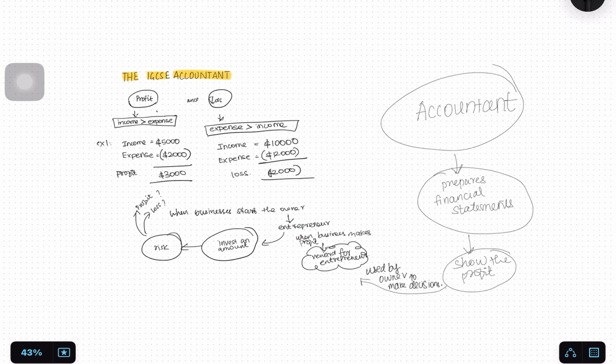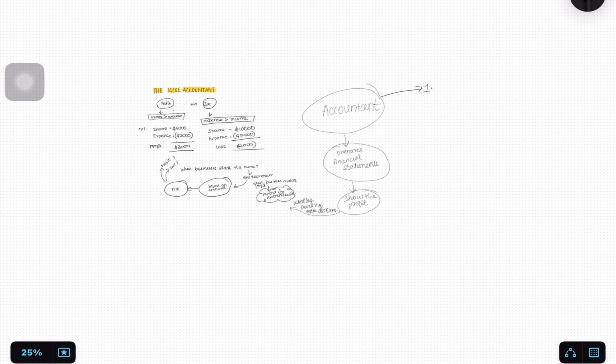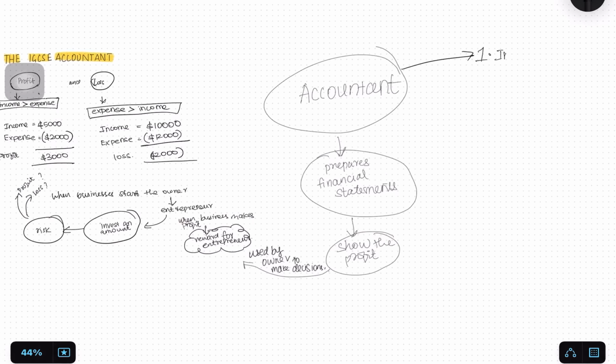So you may be wondering, what kind of financial statements does an accountant prepare? So for now, let's just look into two types of financial statements, basic financial statements that are very easy to prepare and we will be learning in the upcoming chapters. But let me just introduce you guys to those. The first one is income statement.